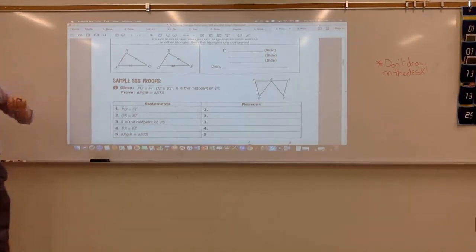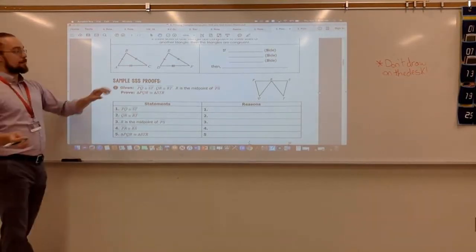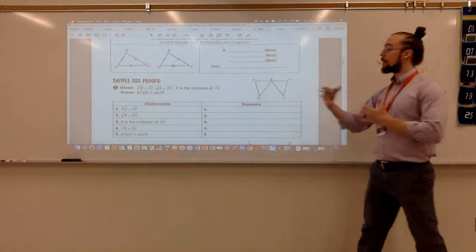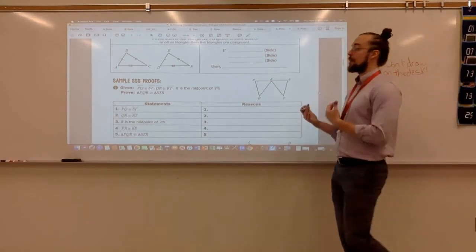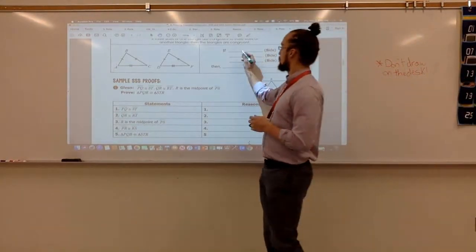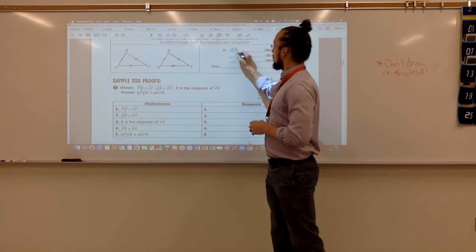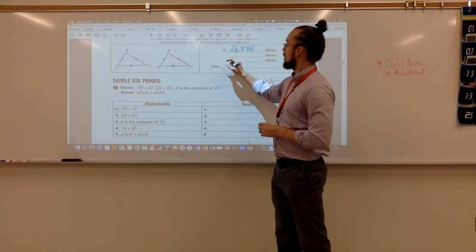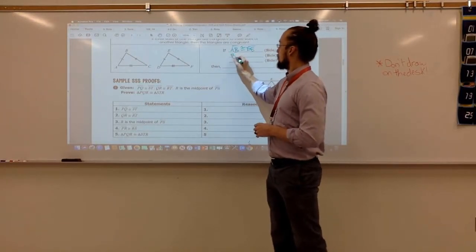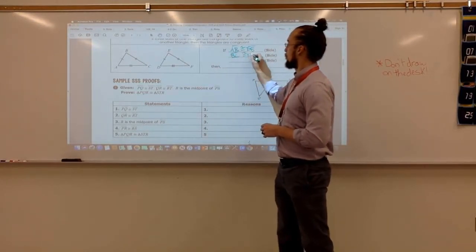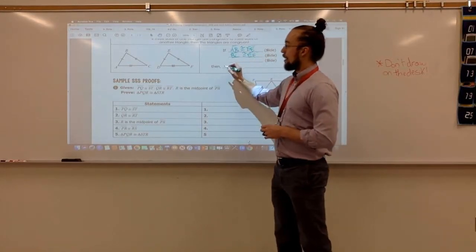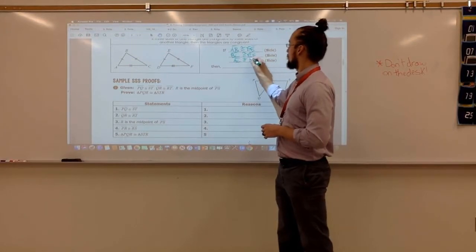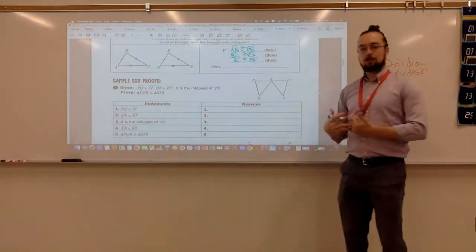All right, so on the back, or I guess it's not the back for you, it's on the right side of your paper. For side, side, side, if I can show that all three pairs of corresponding sides are congruent. So in this example, we would say, if I can show that AB is congruent to DE and BC is congruent to EF and AC is congruent to DF, then I can claim the triangles are congruent.